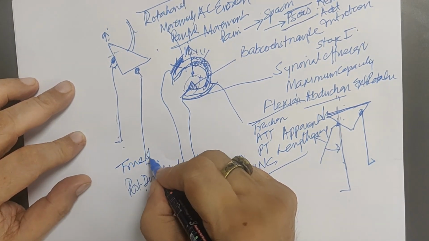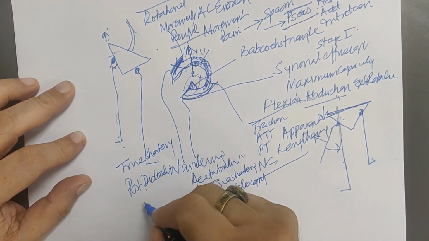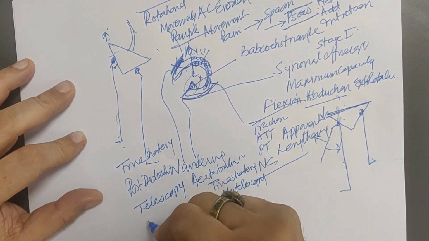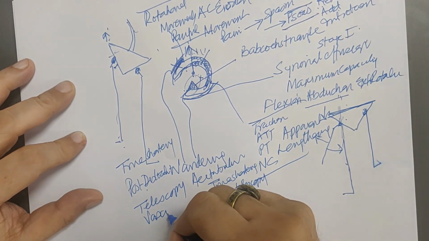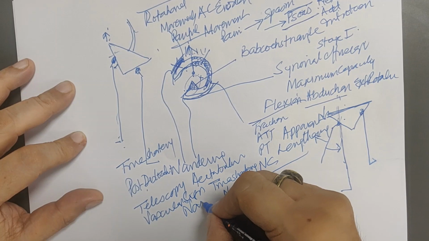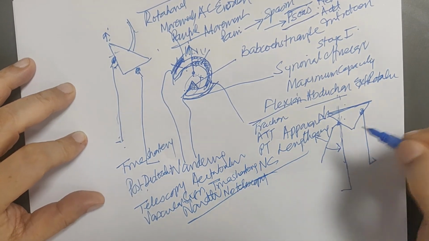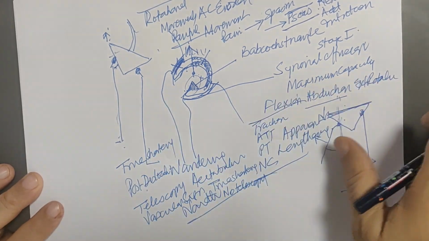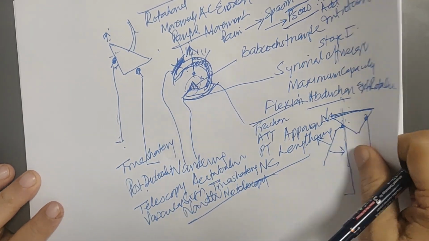Additionally, there is true shortening, and in posterior dislocation there is telescopy, and there is what is called the vascular sign of Narath. So this is the pathogenesis of tuberculosis of hip.